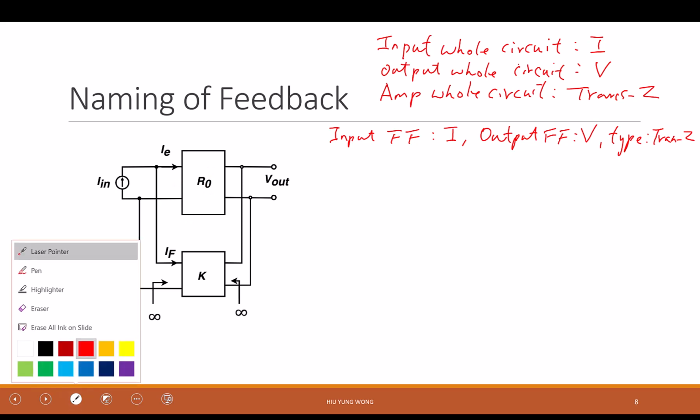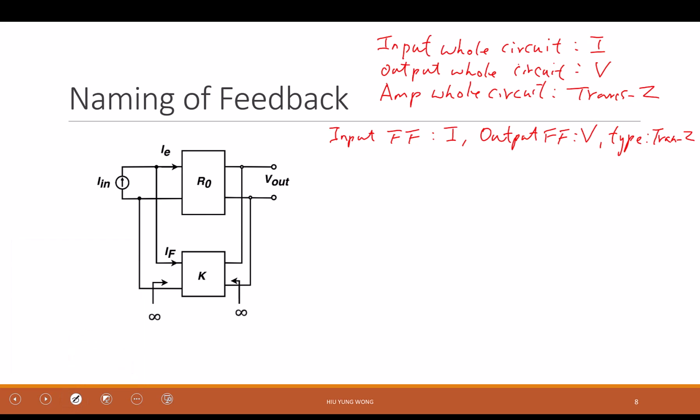Good. Then let's look at this. What is the input to the feedback? Voltage. Very good. And then the output of the feedback, what is that? Well, you mean the entire feedback loop? The feedback loop to the input?